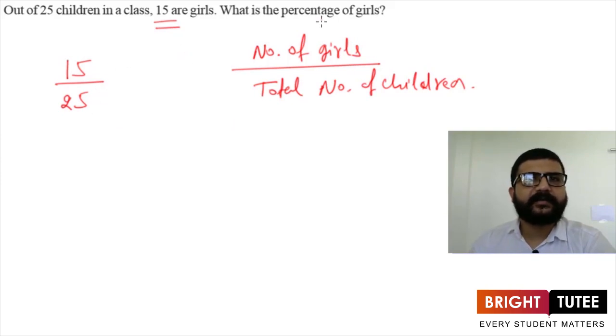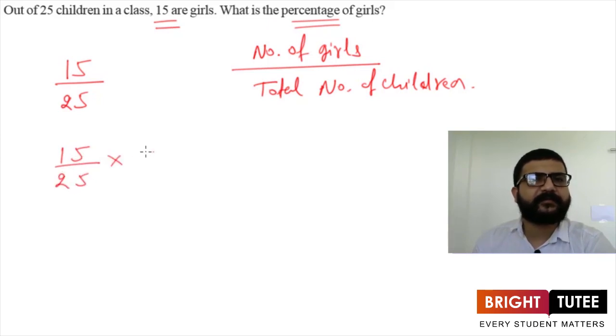Now what we need, we have to tell what is percentage of girls. So what we have to do for that, we need denominator to be 100. Now how we can do that? For that, let's multiply the fraction we are having, which is 15 upon 25, with 100 upon 100. Now we can simplify this. 25 ones are 25, 25 fours are 100.